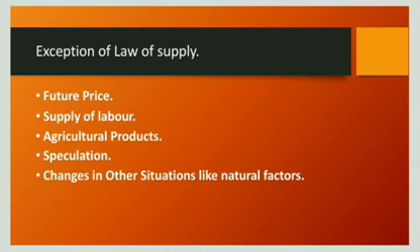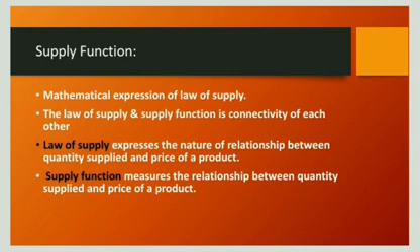Then labor supply also emerges. Then agricultural products are not applicable to the law of supply. Speculation also comes under the same category. Changes in situation occur as per nature and circumstances. In a pandemic, the law of supply doesn't exist. So this means that somewhere lagging behind is also there in the case of the law of supply.